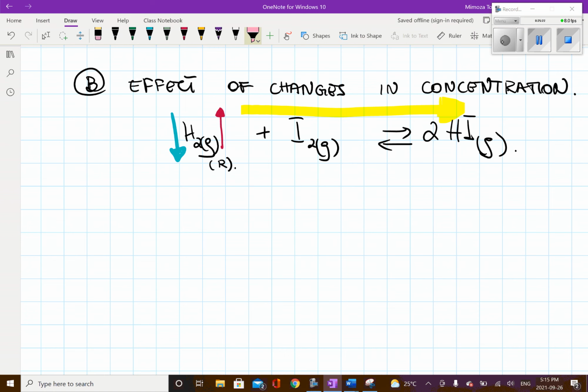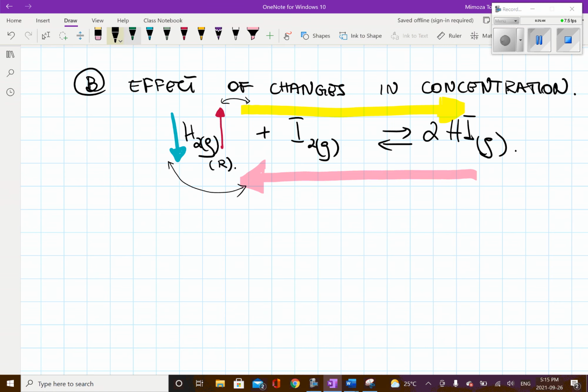I will undo what you have done by producing more to increase the concentration. Okay, so those two are connected together, and those two are connected together.